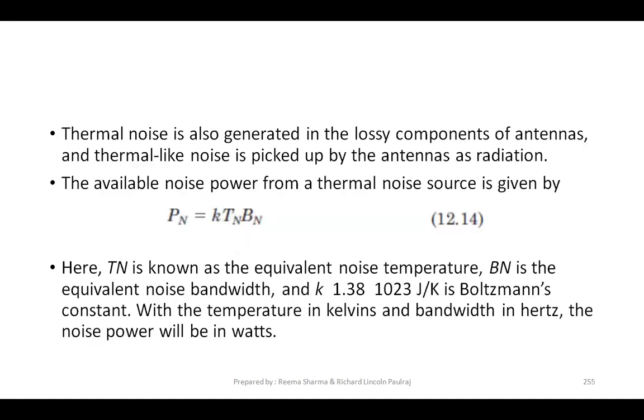You can just imagine the level of complexity involved when calculating different losses. These thermal losses are also generated in the lossy components of antennas, and thermal noise is picked up by the antennas as radiation.